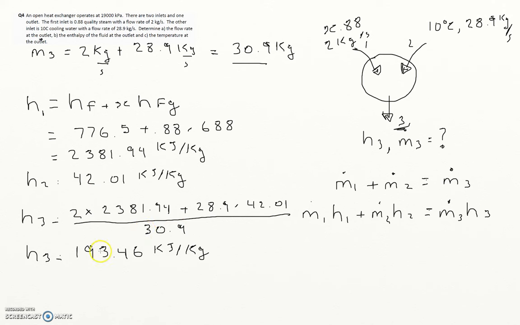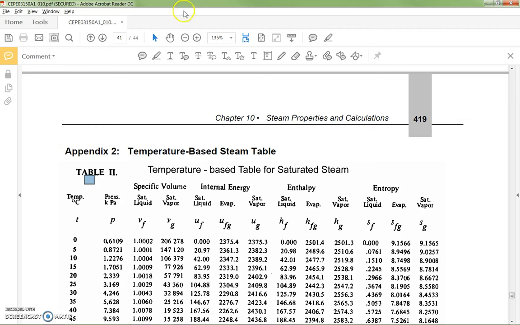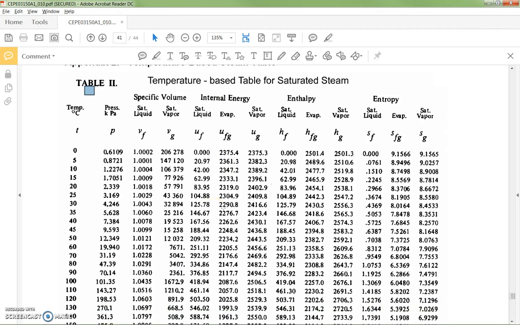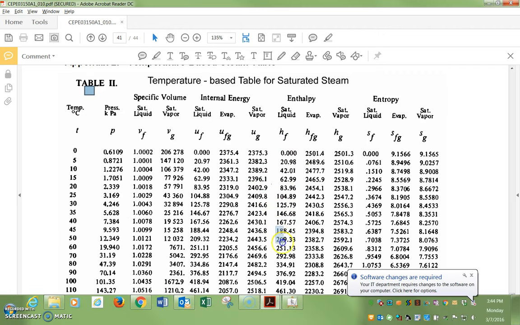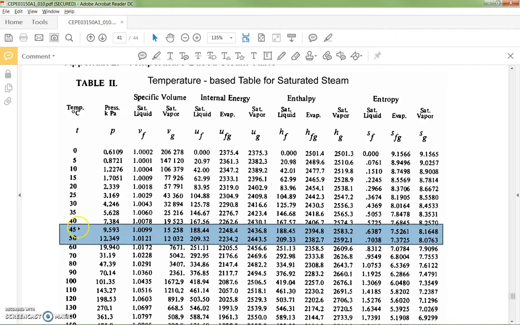Now, if I'm trying to figure out what the final temperature is, again I'm going to have to go back to my steam tables. If I look at my temperature tables, I can look for my HF value. Unfortunately, 193 does not match up to my tables, and so I'm somewhere in between 45 and 50. In order to find that, I'm going to interpolate.